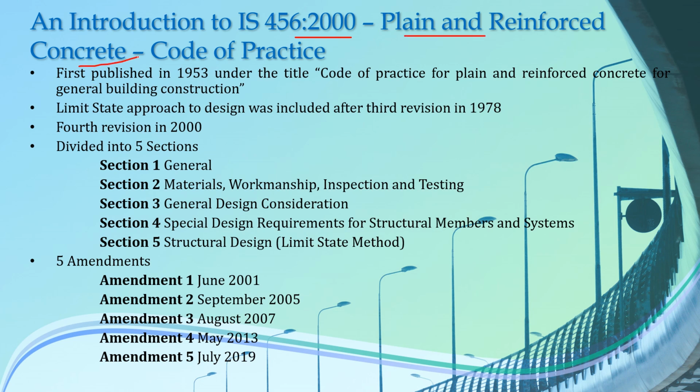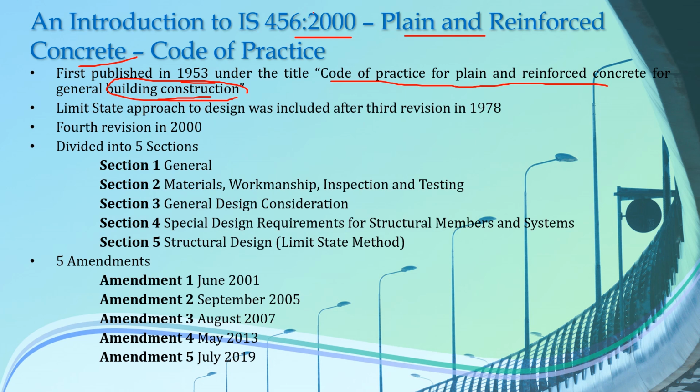This is the code of practice that we will be adopting in this design course. So this code was first published in 1953 under this title here, Code of Practice for Plain and Reinforced Concrete for General Building Construction. Although in the beginning this was marked out for building construction, but now this code IS 456-2000 is the general code for all concrete works for all types of construction.